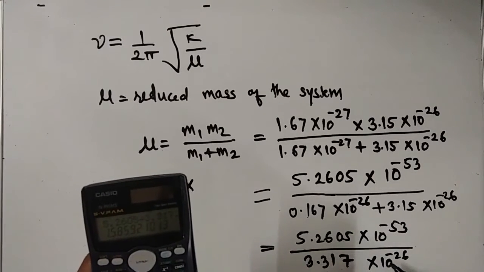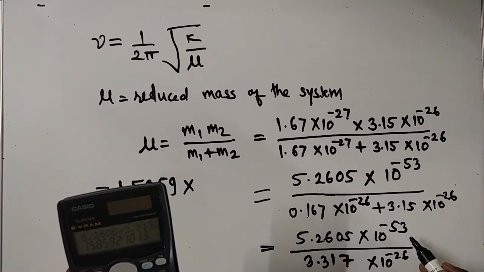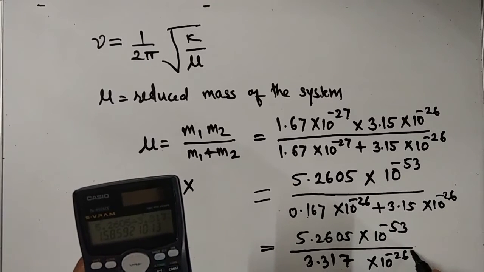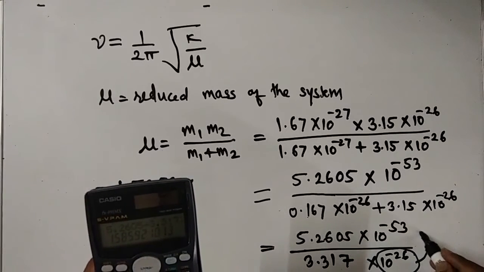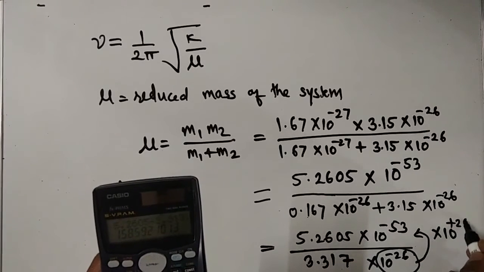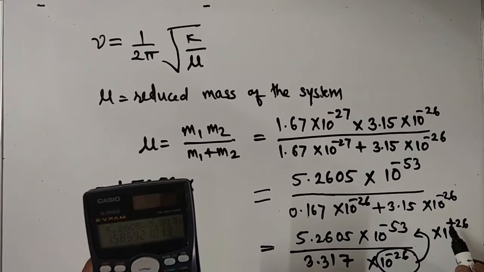Now this 10 raised to minus 26 at the denominator, if we take it to the numerator, will be plus. So I can write into 10 raised to plus 26. Now this is minus 53 and plus 26.